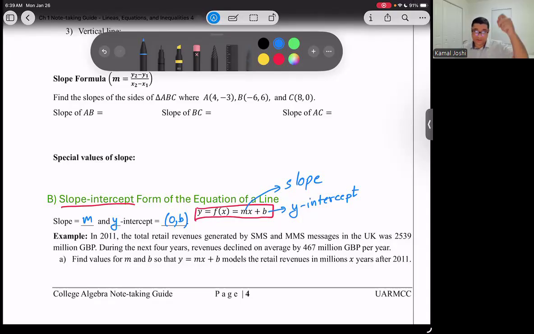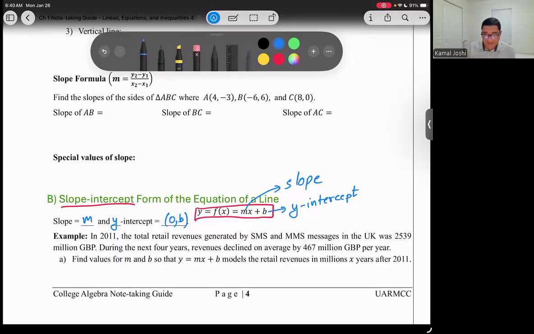What was the value of whatever quantity you are measuring? That is b. So this form is significant. And the slope tells you the rate of change. What was the initial value and at what rate is the quantity changing? Once you know those two things, you can interpret the problem as well as solve it using this linear model.